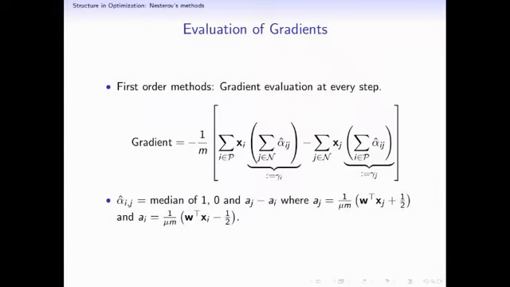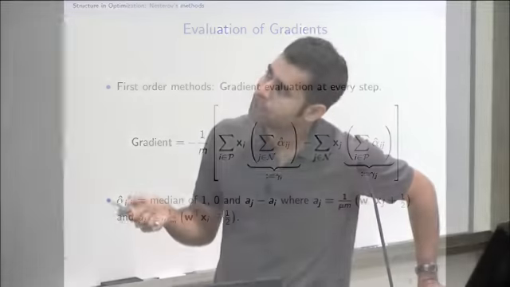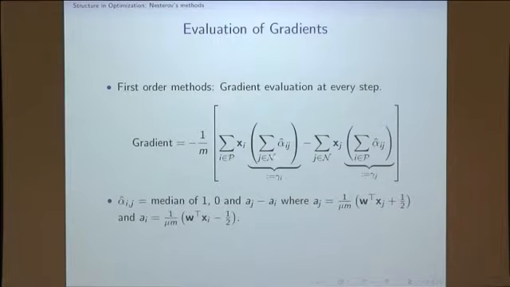So to give you some intuition about the gradient evaluations, since it is a first order method, it will of course go via calculating the gradient at every step. And the gradient at every step looks like this very complicated form. What it is doing is basically summing over all the positive points, and inside that sum, there is another sum over the negative points.